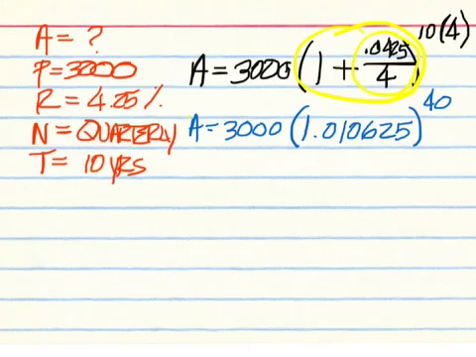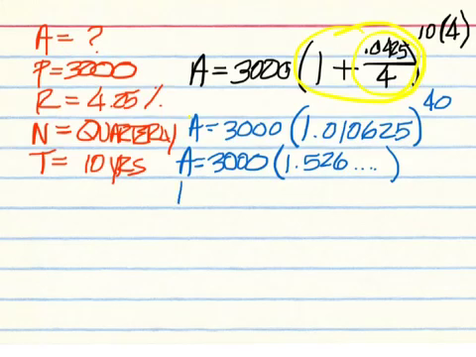So leaving that answer in your calculator, hit the caret symbol and then type in 40. Hit enter, and you come back with 3,000 times 1.526 and on out. I'm not going to write the whole thing. And leaving that number in your calculator, hit times and then 3,000.